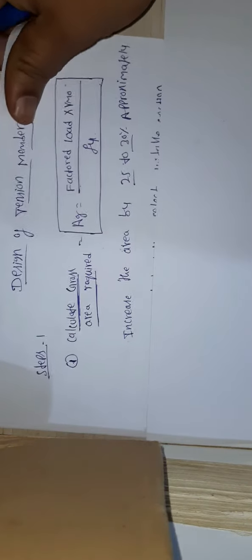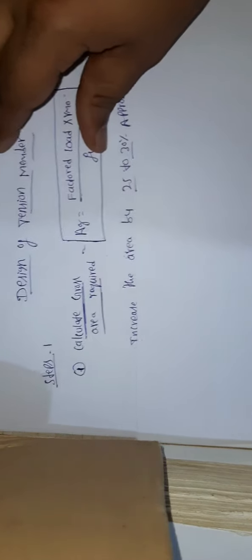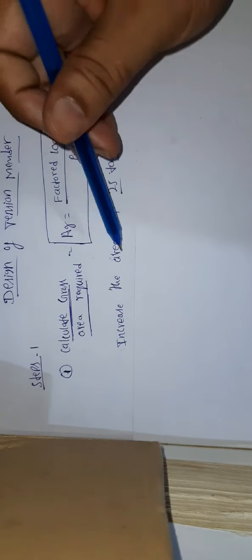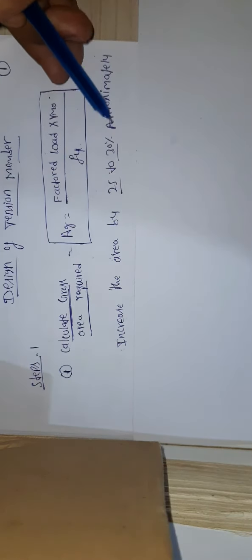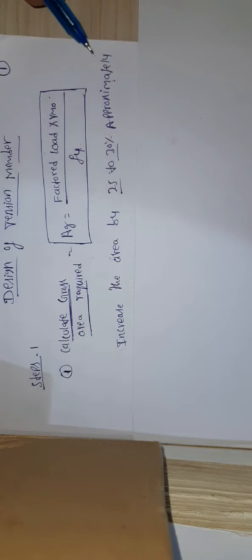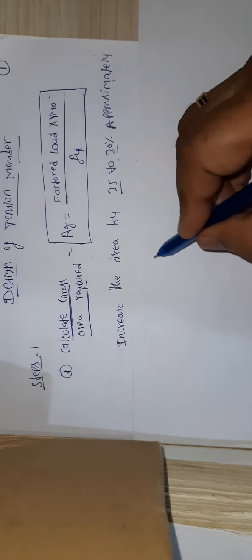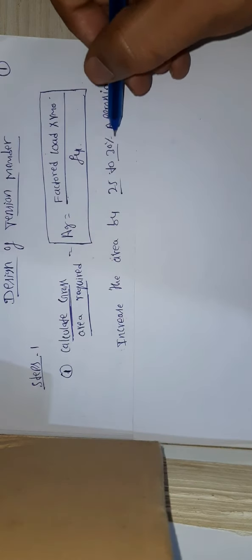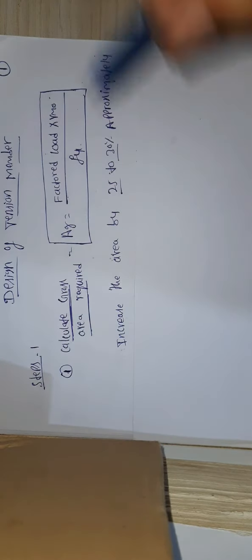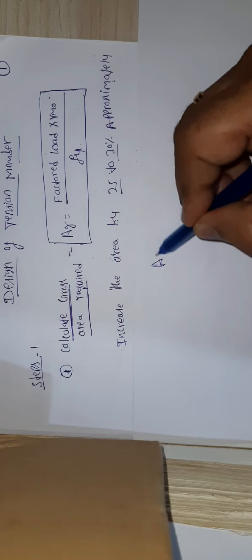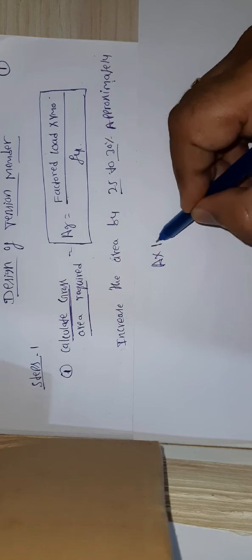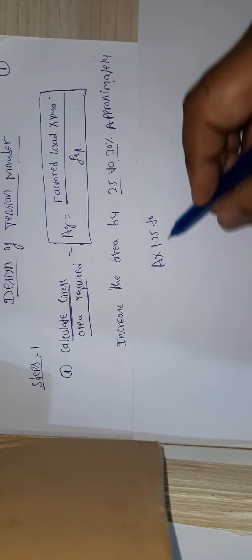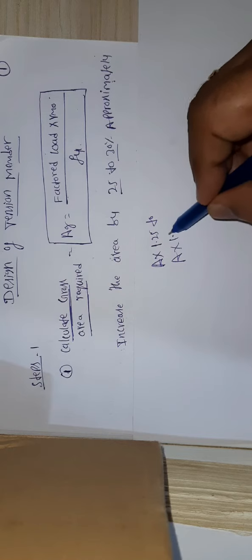Whatever area you get should be increased by 25 to 30% approximately. Please remember, whatever area you get, it should be multiplied by 1.25 or 1.3 times.